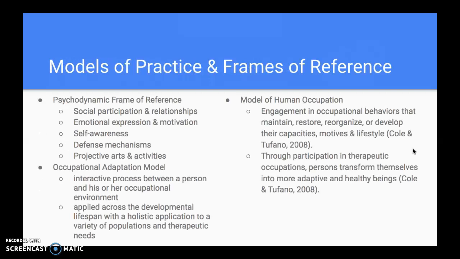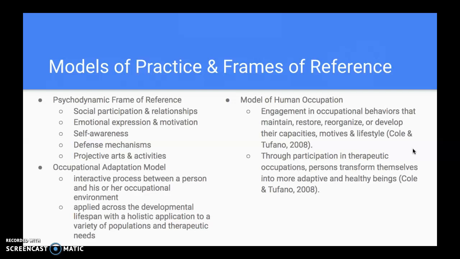Finally, for the models of practice and frames of reference, I think that it's important that we take as much as we can from models and frames. So the first frame of reference that I looked at was the psychodynamic frame of reference because of the psychodynamic involvement with this disease.